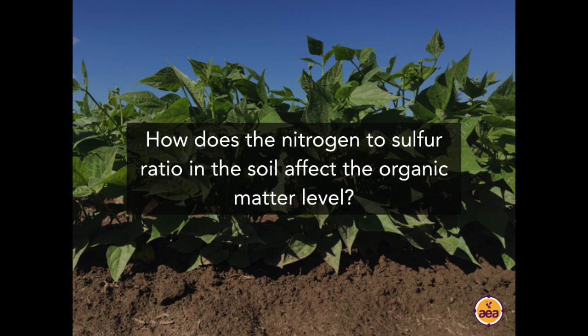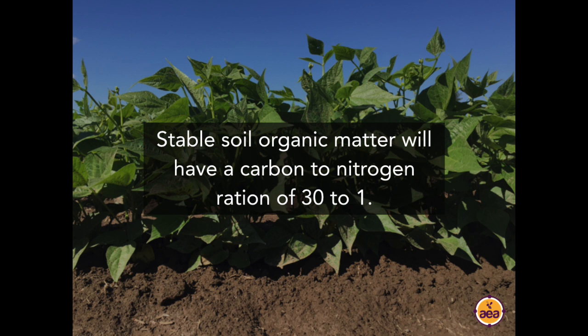So to your first question, there's a biochemistry perspective and a chemistry perspective. From a biochemistry perspective, we could speak about the importance of lipids that are needed for the formation of stable humic substances. But if we just speak about it from a chemistry perspective, we know that stable soil organic matter will have a carbon to nitrogen ratio of approximately 30 to 1.